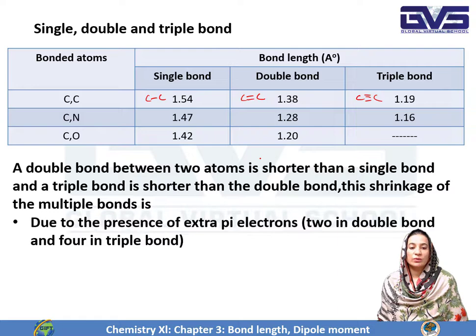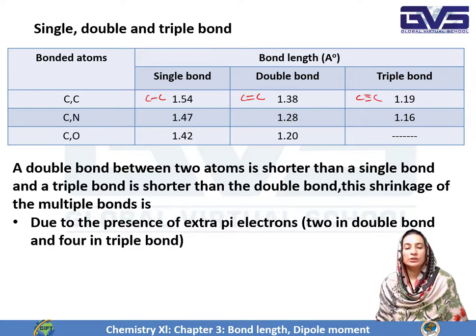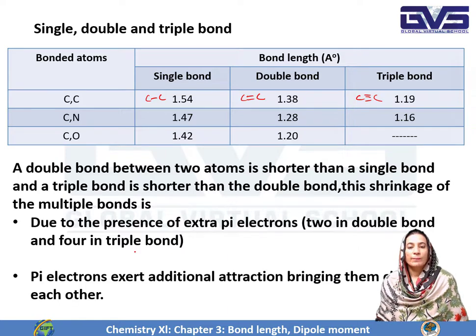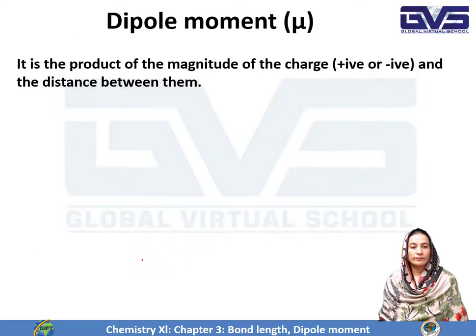This shrinkage of multiple bonds is due to the presence of the pi bond, as I already told you. A pi bond means 2 pi electrons, and 2 pi bonds mean 4 pi electrons. So the pi electrons exert additional attraction, bringing the nuclei closer to each other, and their bond length reduces.